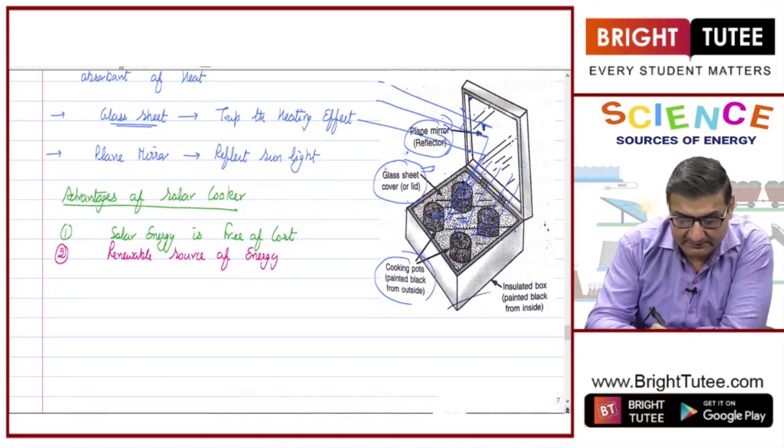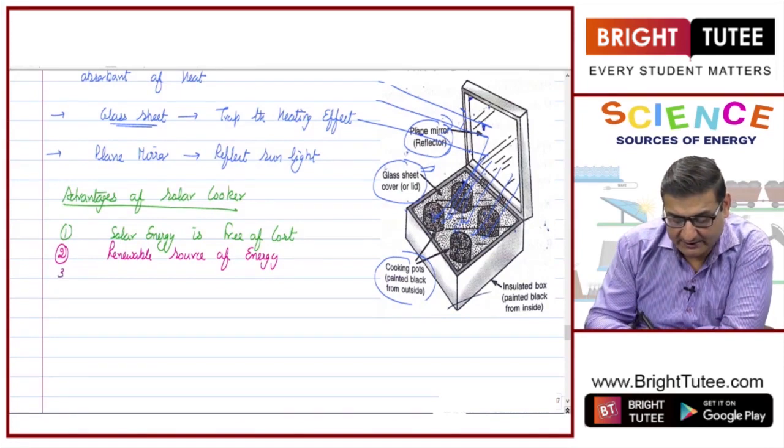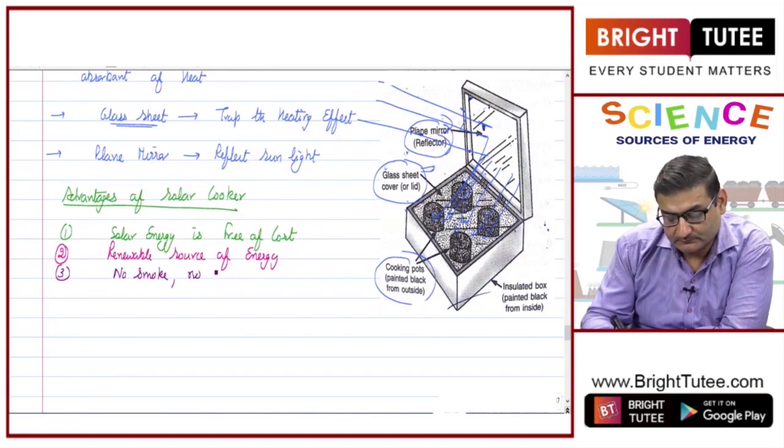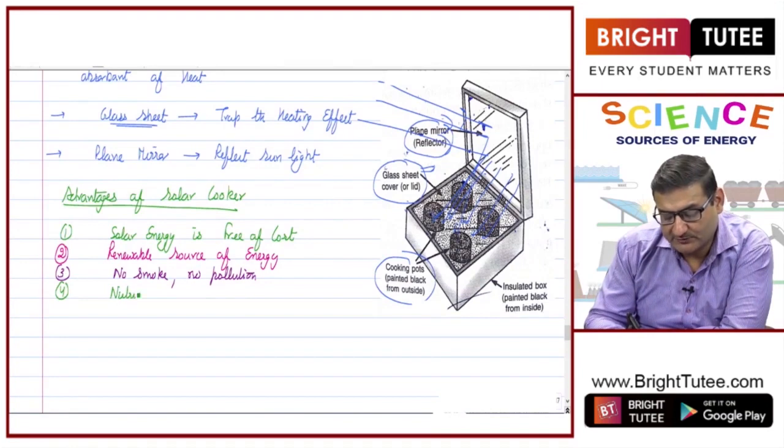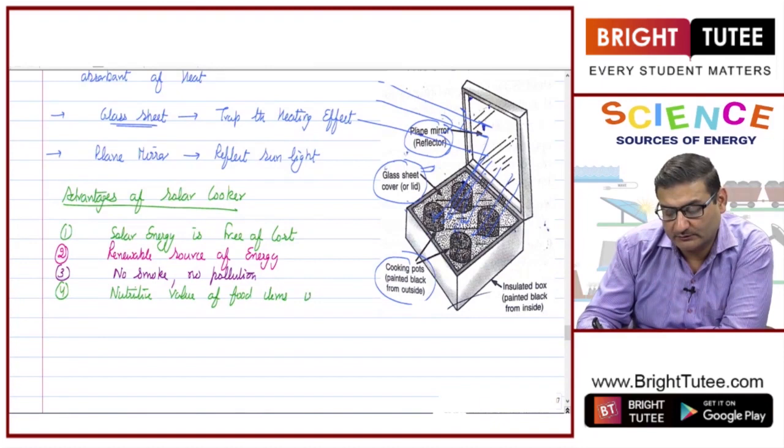The third advantage we have is no smoke, no pollution. The fourth advantage we have is that because it works on slow heating, the nutritive value of food items is maintained, is restored.